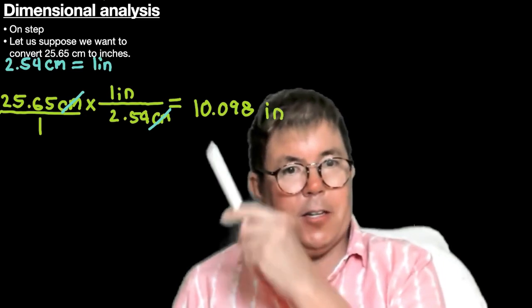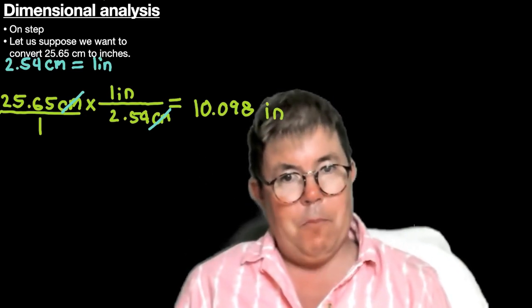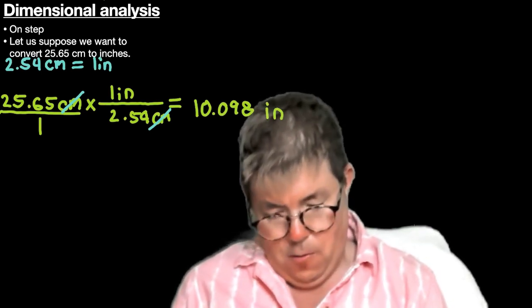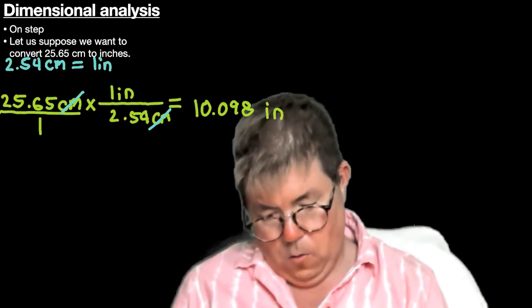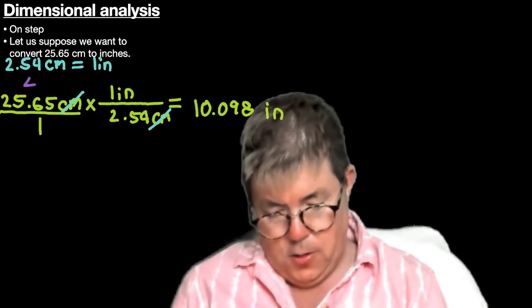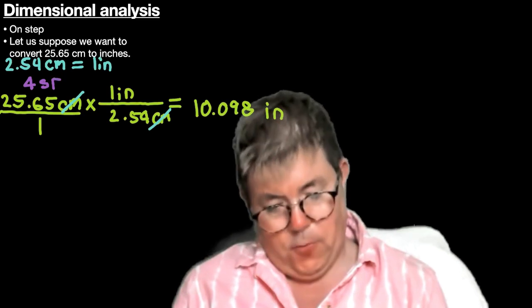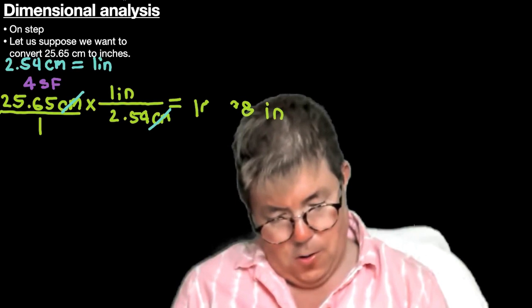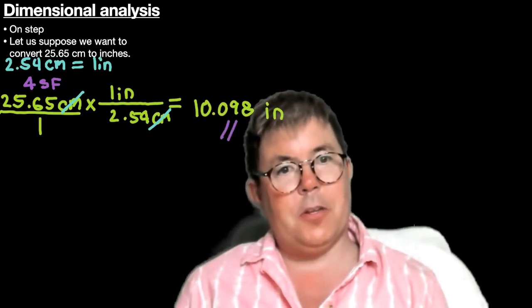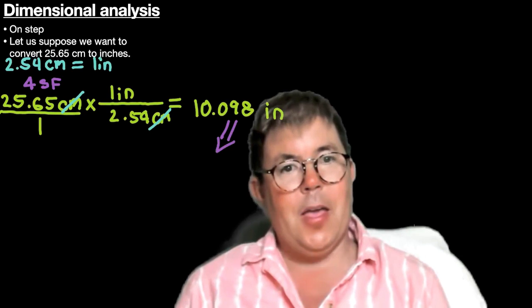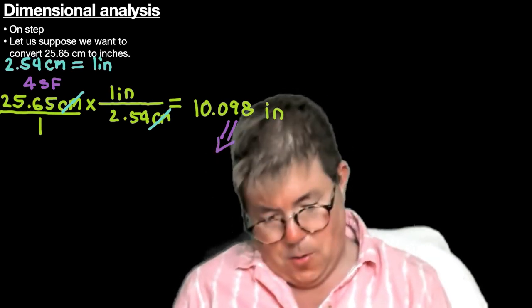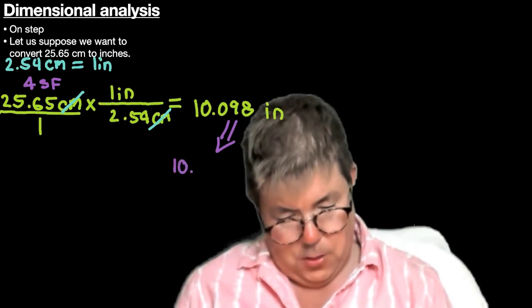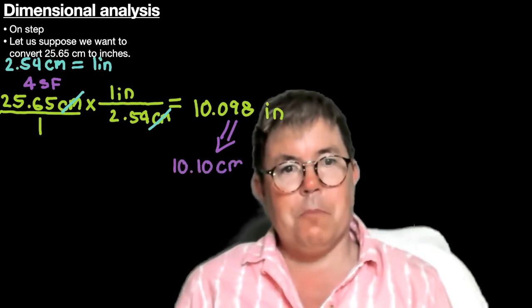But that is not the final answer to the problem. We have to take note that the initial value has 4 significant figures, so we need 4 significant figures in our answer. Let us round our answer. When we round this particular answer, we're going to end up with 10.10 inches. Hopefully that makes sense to everybody.